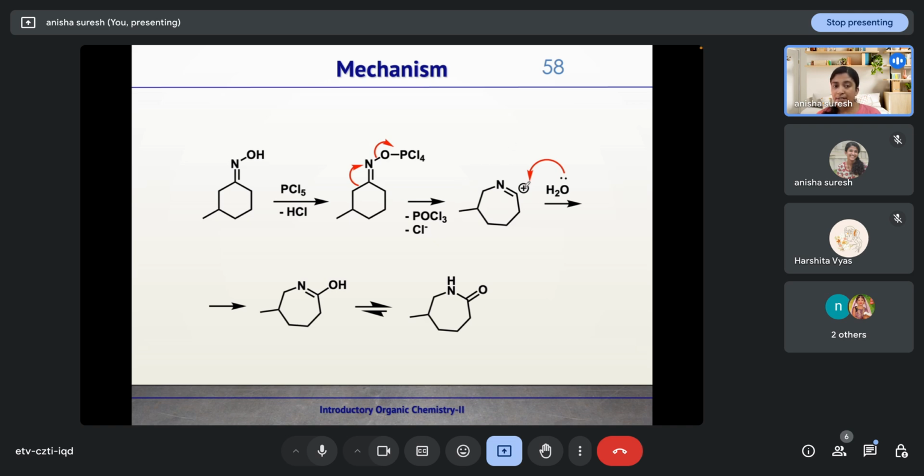Now here a positive charge is there, since this group is migrating from here, a positive charge will be generated here. Then the water will be coming and attacking here, leading to formation of this, and this upon cis trans isomerization will lead to formation of this lactam. Okay, so here the methyl group will be present one carbon apart from the lactam amide.